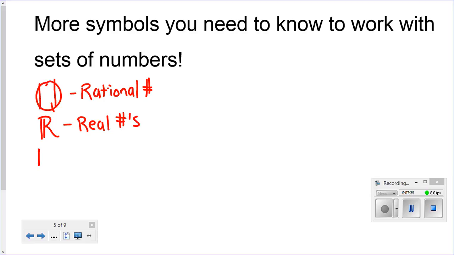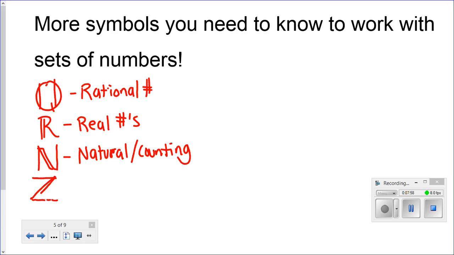If you just write a symbol and you don't know what we're talking about, it's going to be hard to understand what they mean. This is a natural number. Keep in mind those are also called your counting numbers. And then we have our integers. So when you see these in your book, that is what they are going to look like. They describe our different types of numbers.